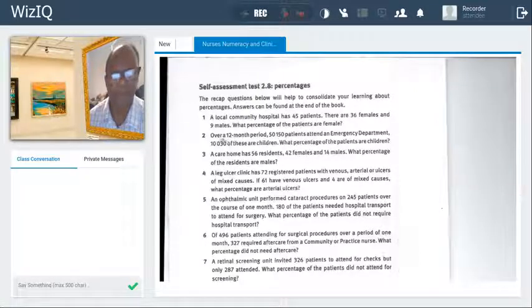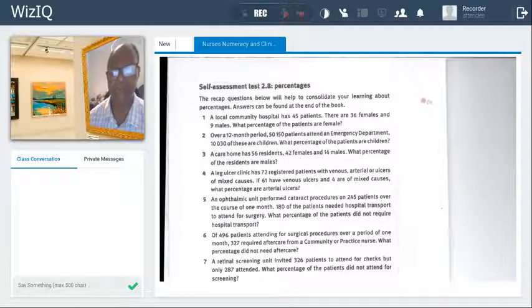Question 6 says, of 496 patients attending for surgical procedures over a period of 1 month, 327 require aftercare from a community or practice nurse. What percentage do not need aftercare?